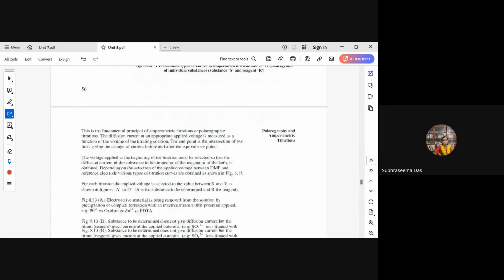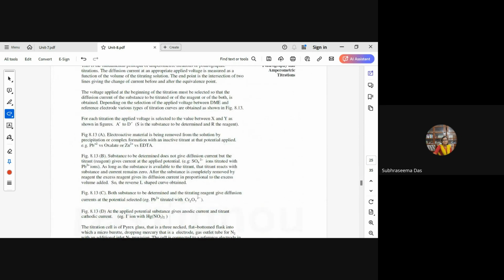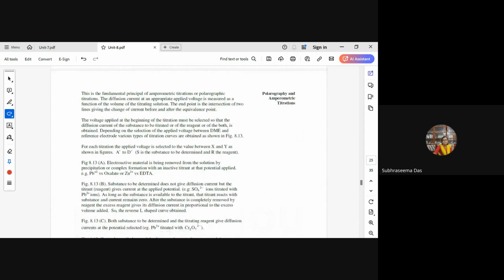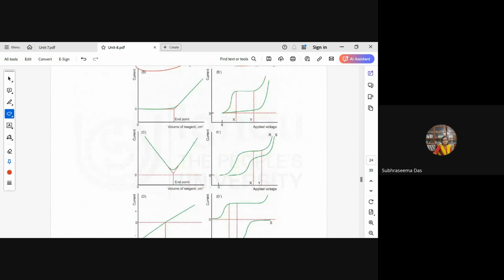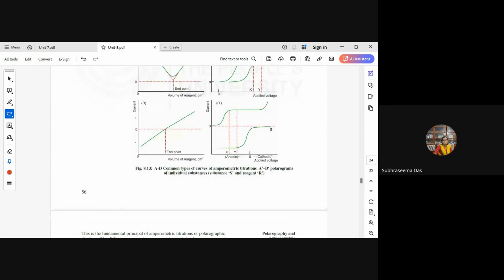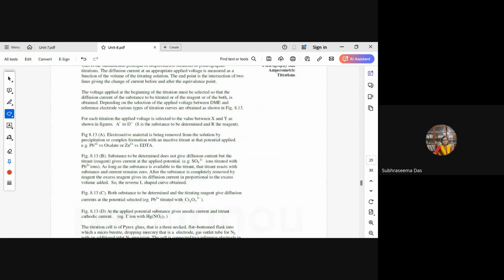From figure 8.13b, the substance to be determined here does not give diffusion current, but the titrant gives the current. That is, when we titrate sulfate ions against lead ions, that is SO4 2- is titrated against Pb2+ ions.